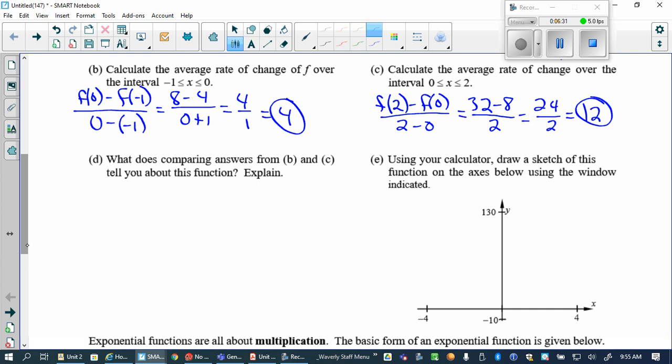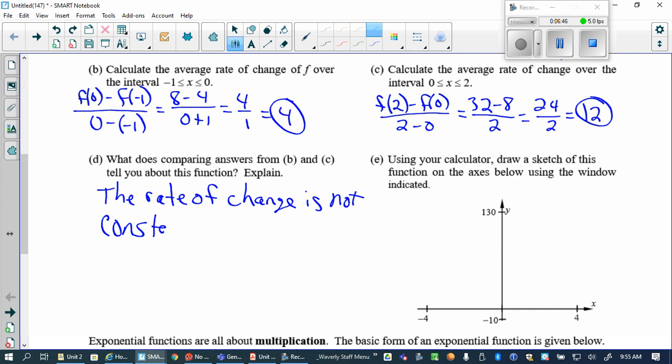The rate of change is not constant. So that means it's not linear. It will not make a nice straight line. All right. So what does the rate of change do?